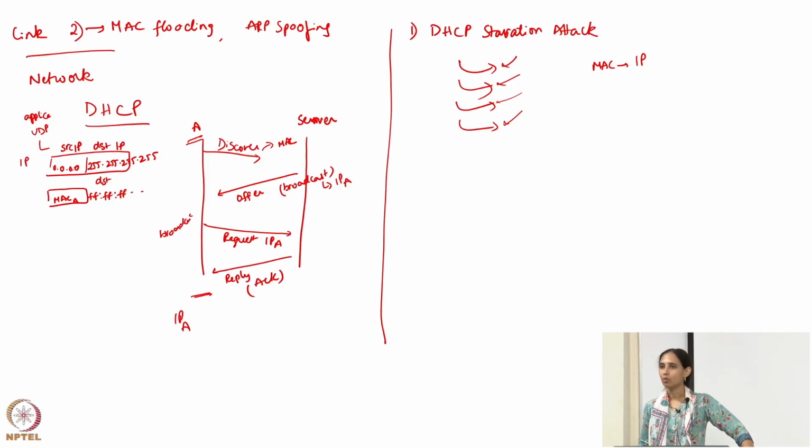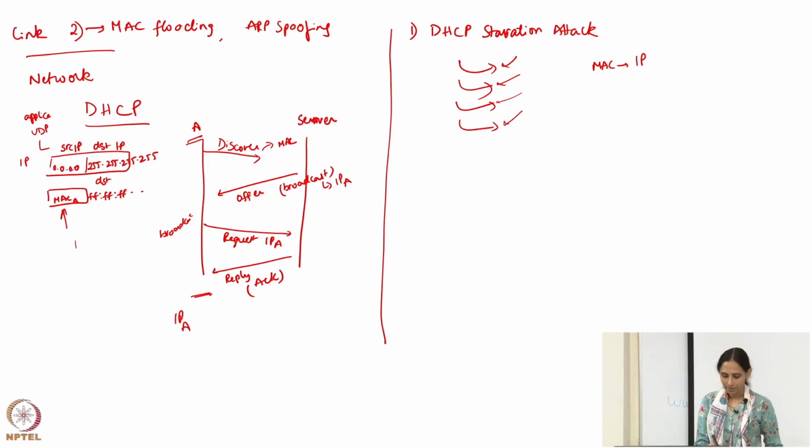Now, the MAC limiting that we have done before can help to some extent. It will drop traffic if someone is sending too many link layer frames with different MAC addresses, if the MAC keeps changing. So you can prevent it, but then there is a subtlety here.